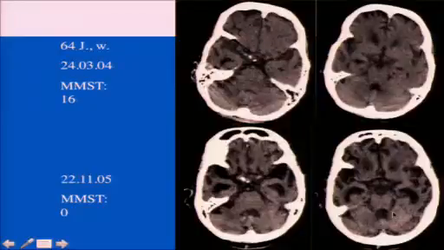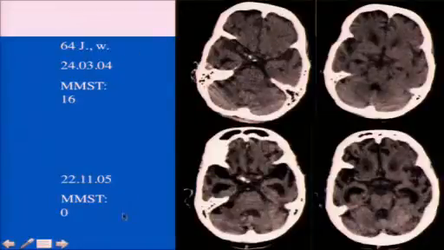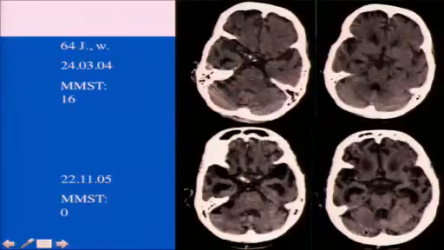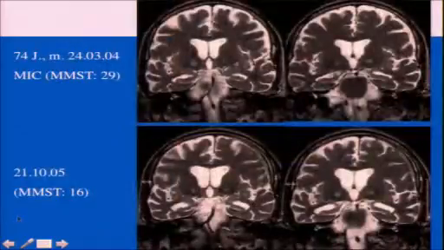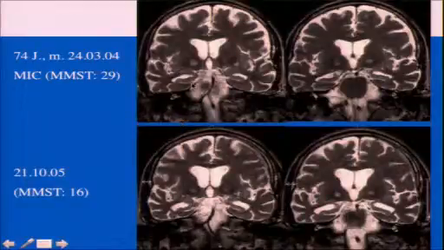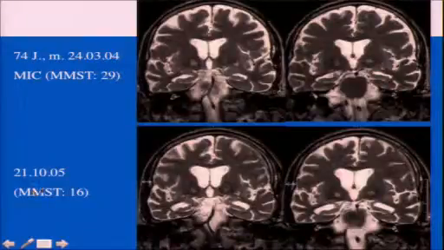This can be shown in the follow-up, like that's a follow-up CT scan, and that shows you also how fast it can go. That's not a long time in between those two scans, and you see that the atrophy was really very progressive. That's another patient here. That's MR used here, the coronal scans. That's from March 2004, and that's October 2005, so 1.5 years later.